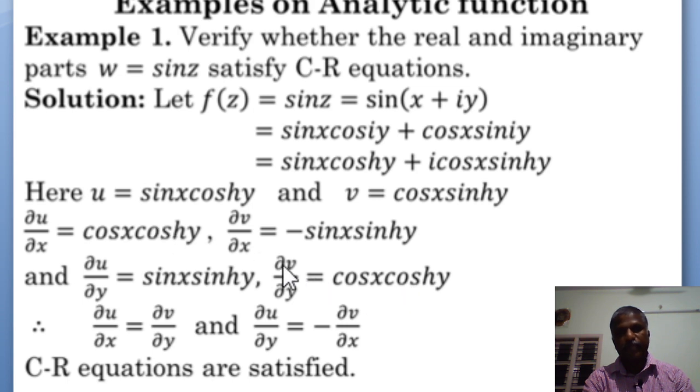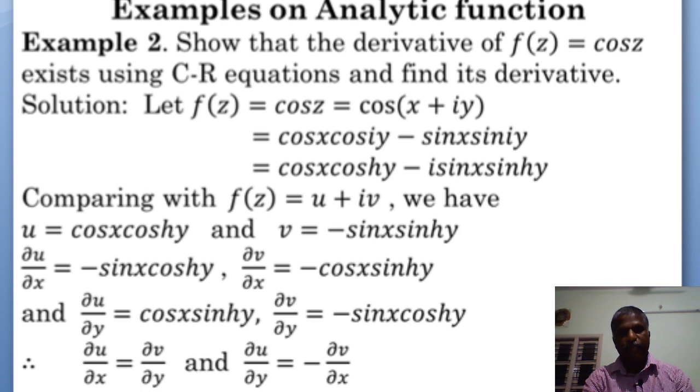So by observing, ∂u/∂x equals ∂v/∂y, cos x cosh y, and ∂u/∂y is just the negative of ∂v/∂x. So the CR equations are satisfied, hence the given function is analytic. Similarly, we will see one more example on this.